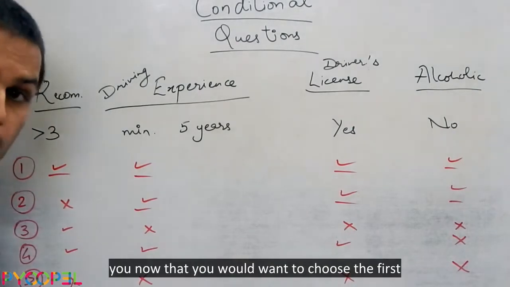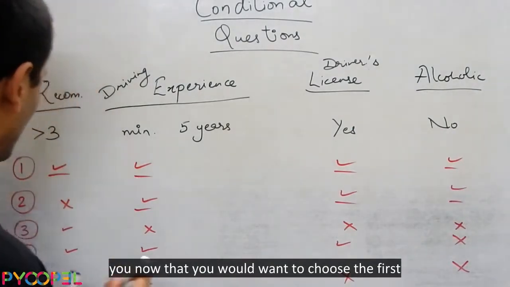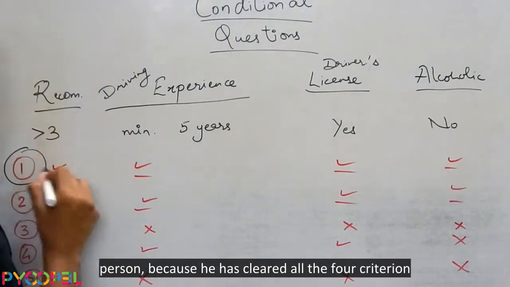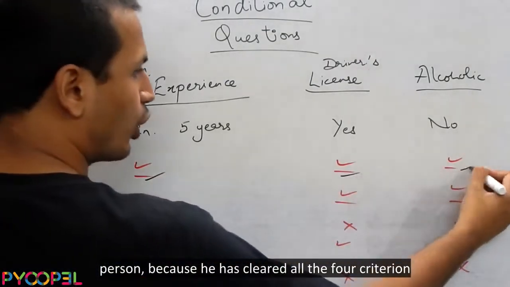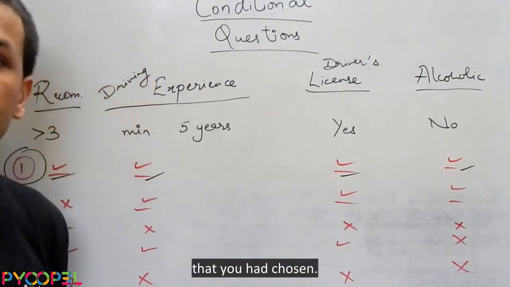So it's clear to you now that you would want to choose the first person because he has cleared all the 4 criteria that you had chosen.